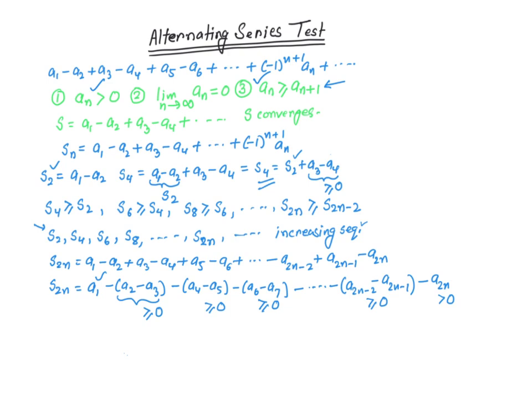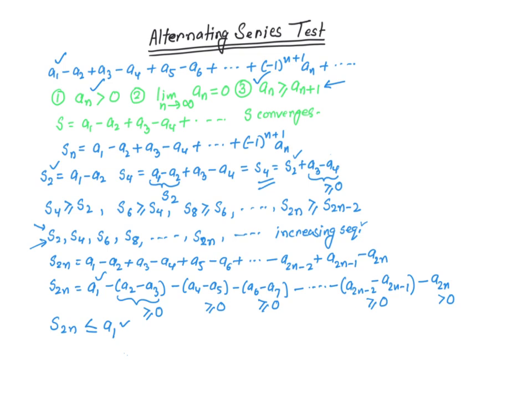So from this information, we could conclude that S sub 2n must be less than or equal to A1, which means this sequence is bounded above by A1. So this sequence of S sub 2n's is bounded above by A1, which is the first term in the series.